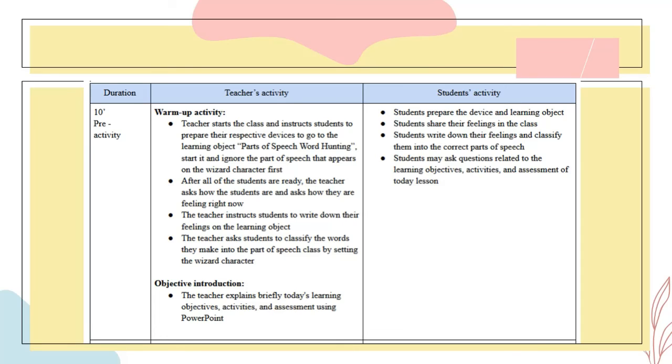By that, the teacher instructs the students to write down their feelings on the learning object by the existing features, like they can click the letters and then form the words of their feeling on the learning object. And the last, the teacher asks students to classify the words they make into the part of speech class by setting the wizard character.